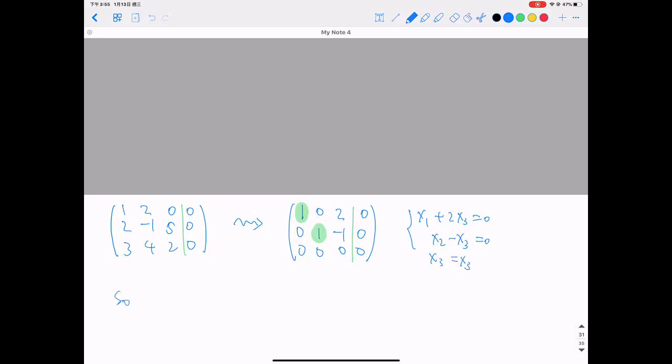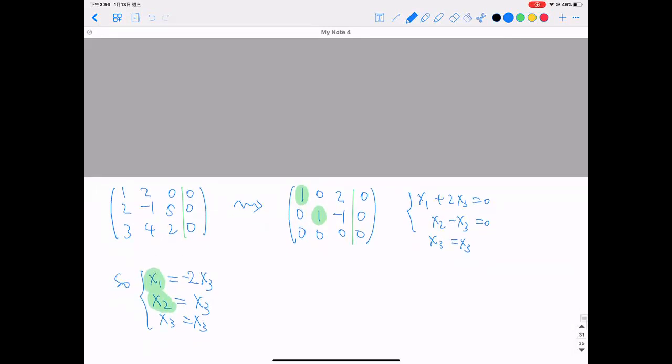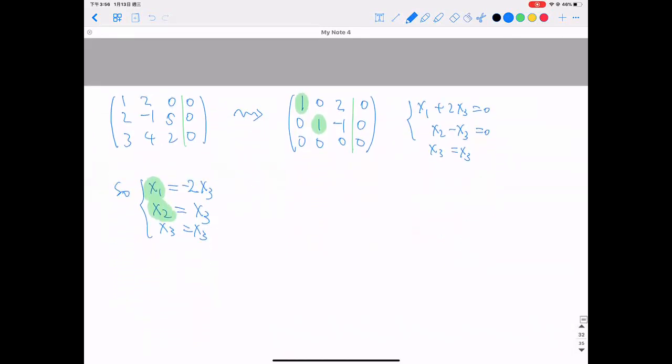So the solutions are x1 equals minus 2x3, x2 equals x3, x3 equals x3. The point here is that these two variables, x1 and x2, are dependent variables. They depend on x3, and x3 is free, so it has infinitely many solutions.